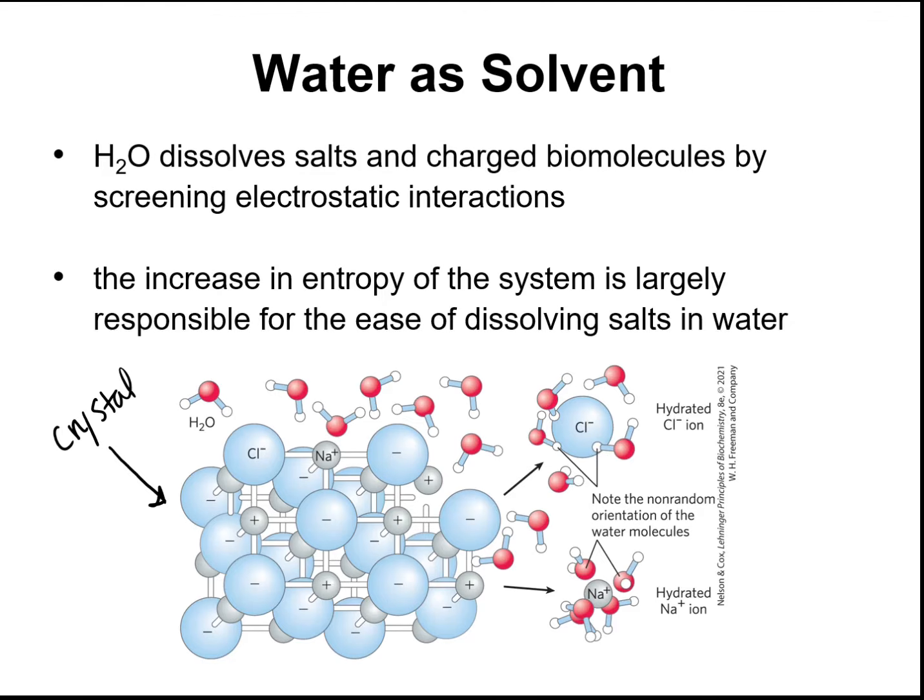Hey, sodium ion, you're very positive, and we're not trying to deflate your balloon or anything, but we know that you like to interact with that negative charge. So here's some oxygen. And then slowly that crystal breaks apart. This is very favorable because it increases the entropy of the whole system. And remember that entropy is just the fancy scientist word for chaos.